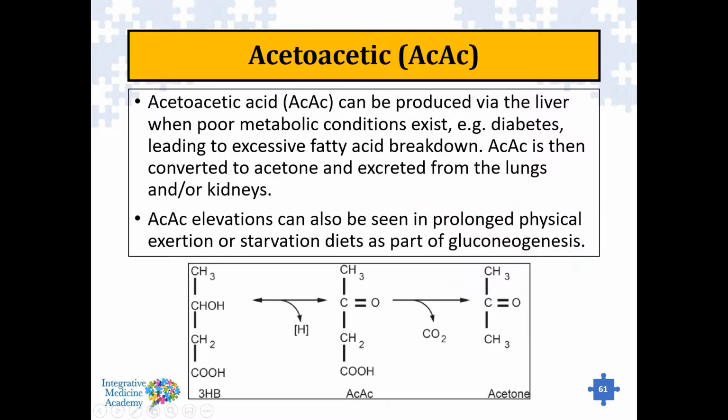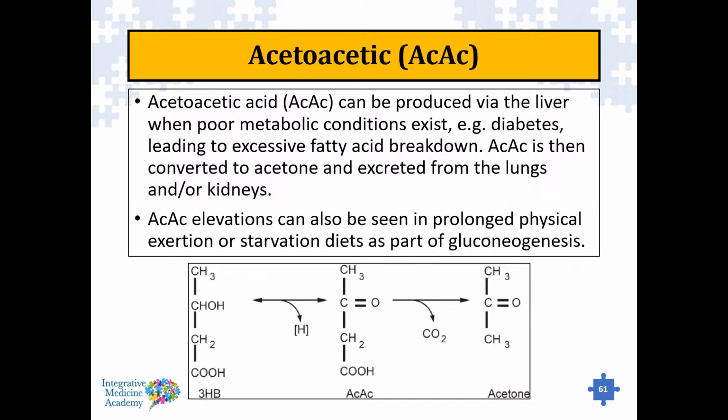Acetoacetic follows suit. Acetoacetic is produced by the liver under poor metabolic conditions, diabetes, for example, and it too is a secondary fuel source as part of gluconeogenesis. So when the brain is needing fuel to keep functioning, our body is all about our brain.